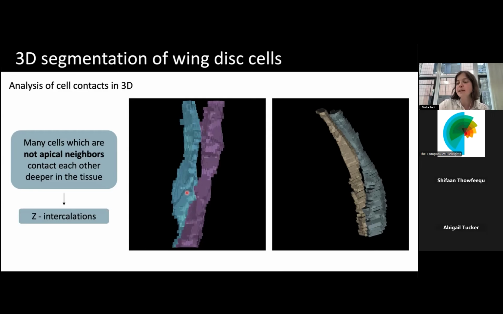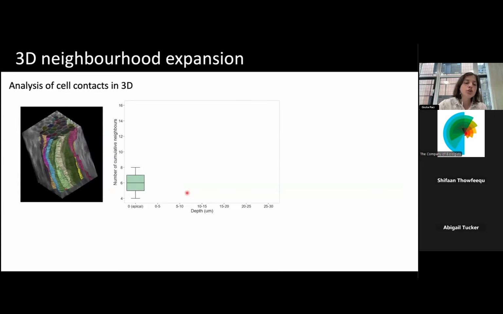So then if we quantify these Z intercalations throughout the whole tissue, this is how things look. Cells apically start with an average of 6 neighbors, which is very typical for hexagonal packing in epithelia. And then as we go deeper and deeper in the tissue, they keep encountering new neighbors thanks to these neighbor changes.